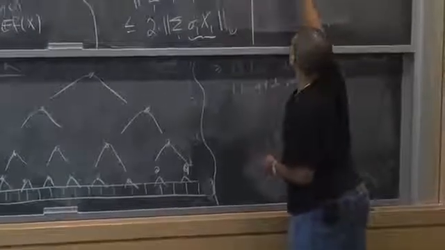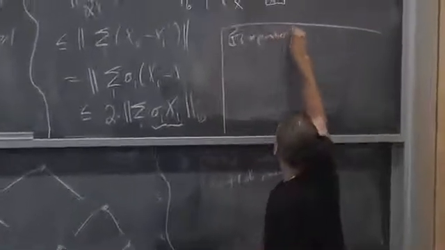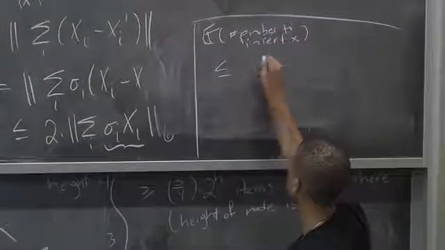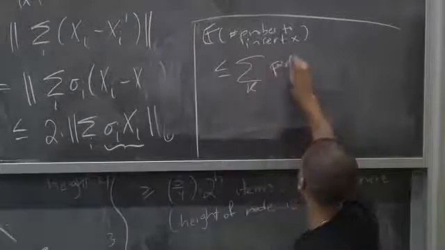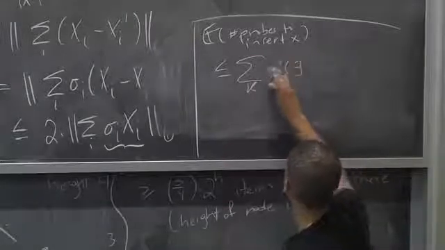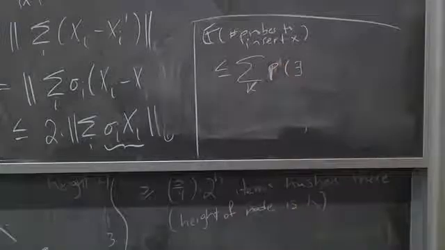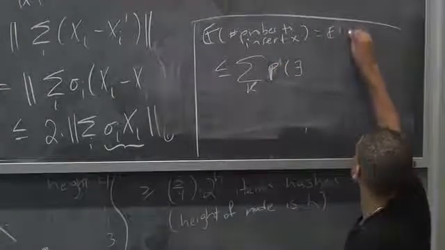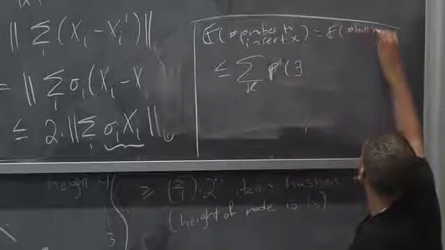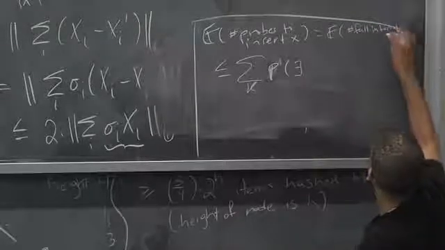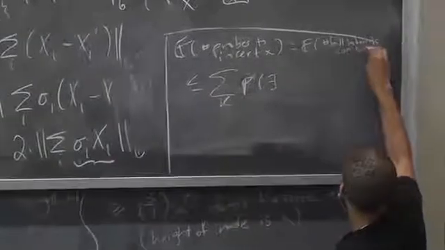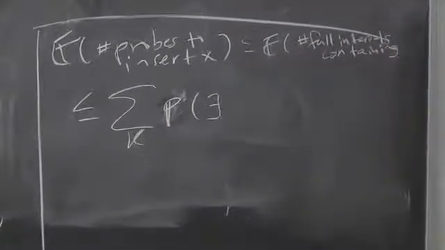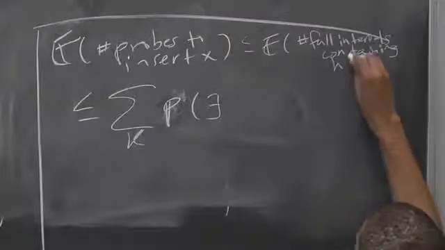The expected number of probes to insert x is at most the sum over all k of the probability that there exists, so that's at most the expectation of the number of full intervals containing h of x.